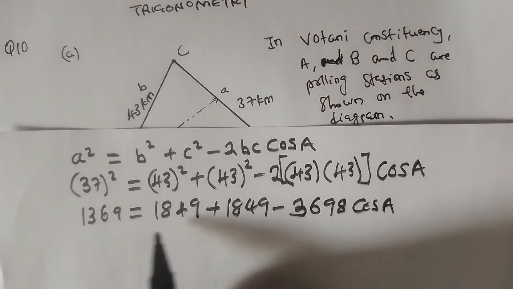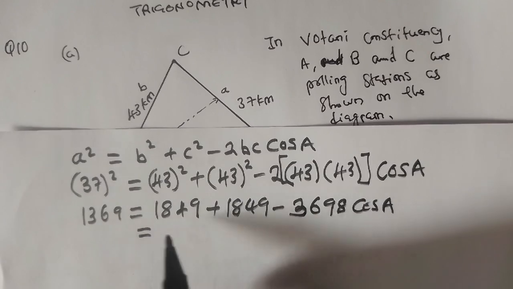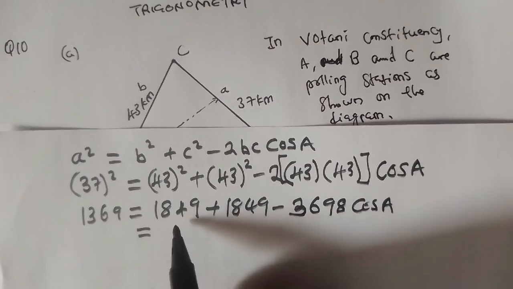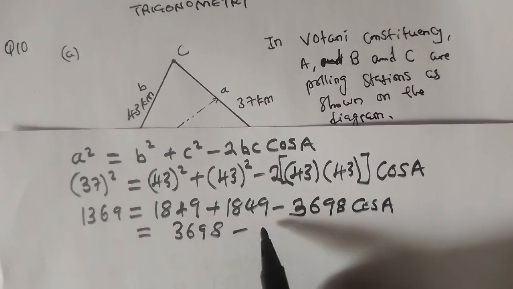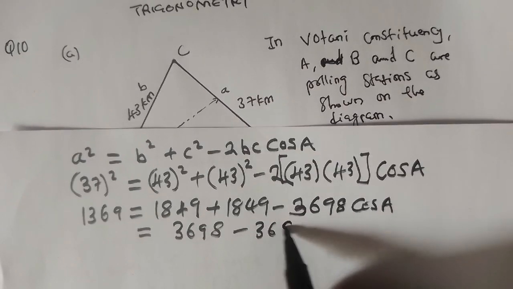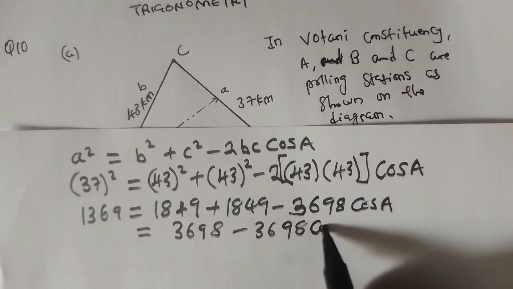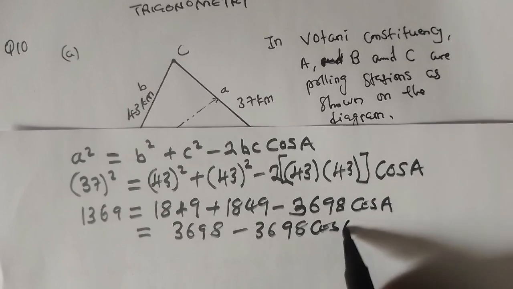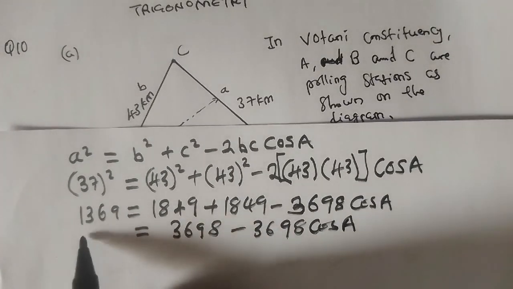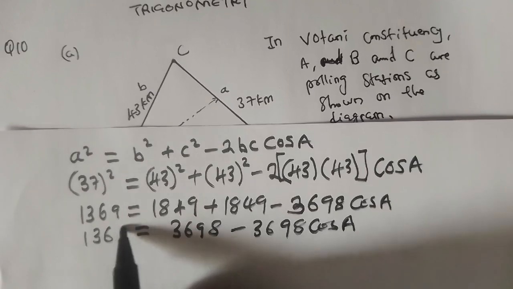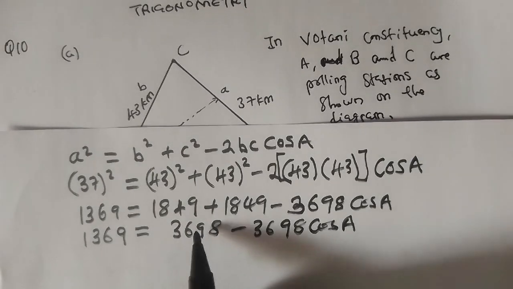From there, you're going to add these two, so this gives us 3698 minus 3698 cos A, and this brings down the 1369. Then you collect the like terms.